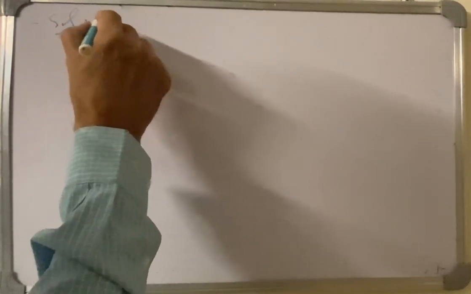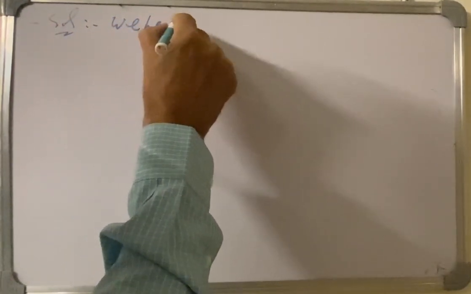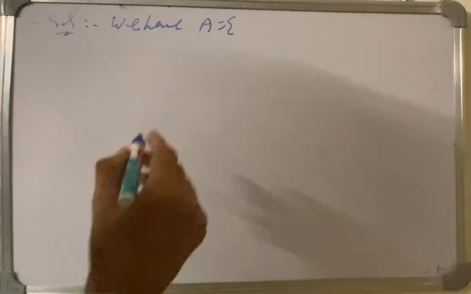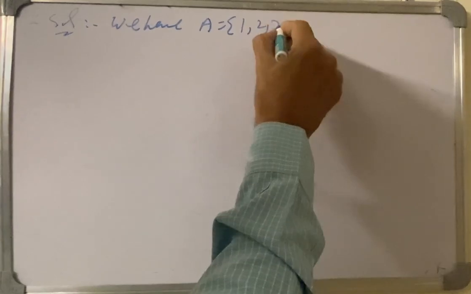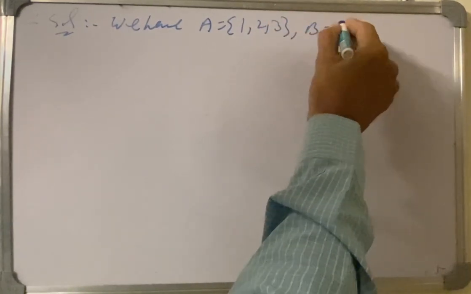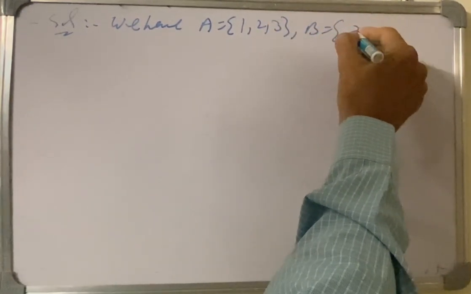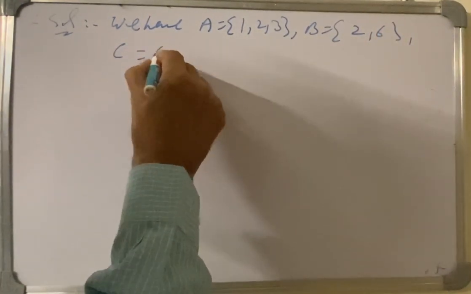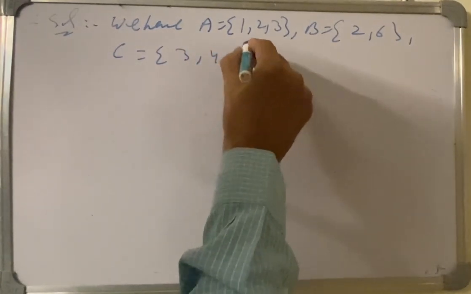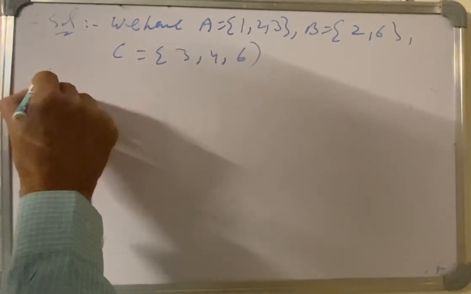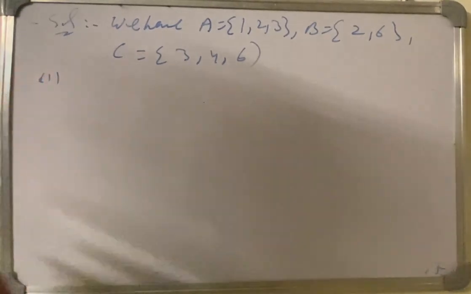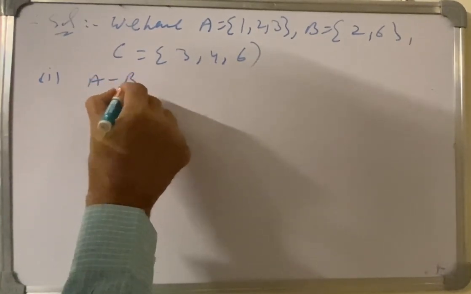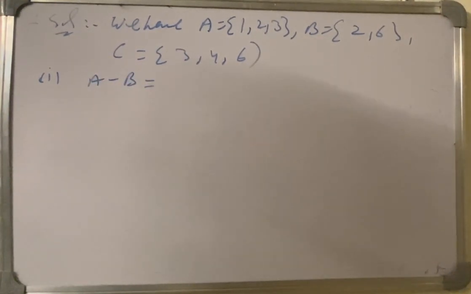Solution, we have set A is {1, 2, 3}, B is {2, 6}, C is {3, 4, 6}. First part, first of all we find A minus B, as we have already done.